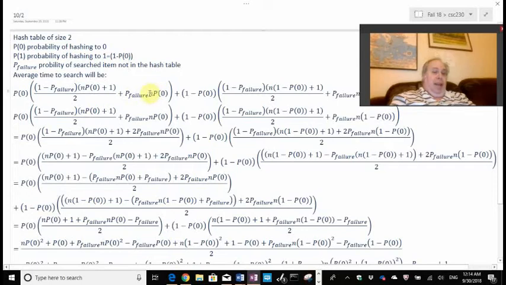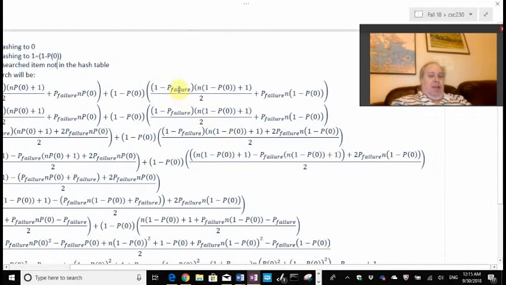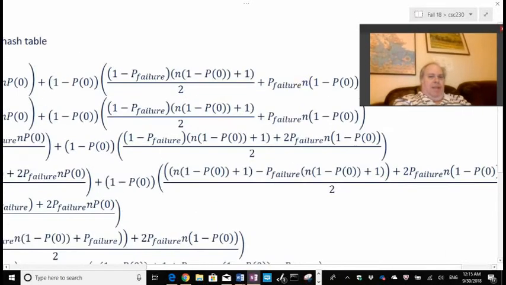Once again, the length of the list at position 1 on average is n times 1 minus P of 0, that's P of 1, the probability of 1, with the same math but with 1 minus P of 0.